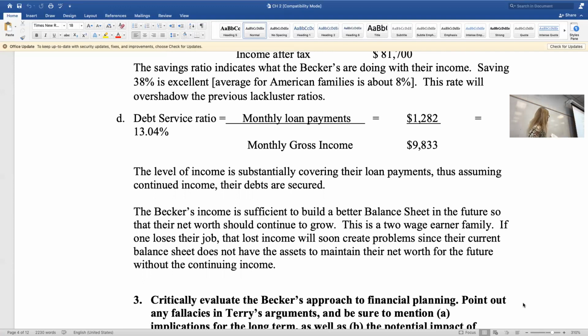So anyway, that's how we got to the $1,282. Again, if you didn't get that, don't worry about it. But you just need to know how to calculate the debt service ratio and really be able to explain it. So basically, what is this saying? What is this 13 in plain English? What does that 13% mean?